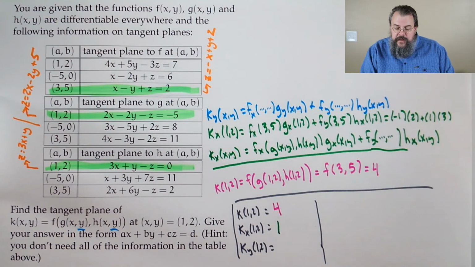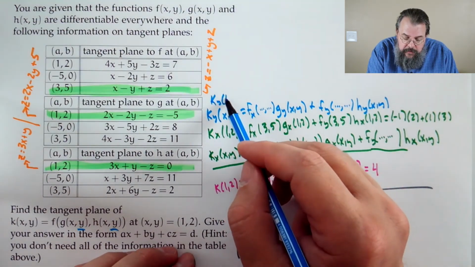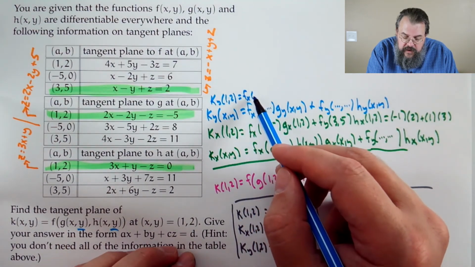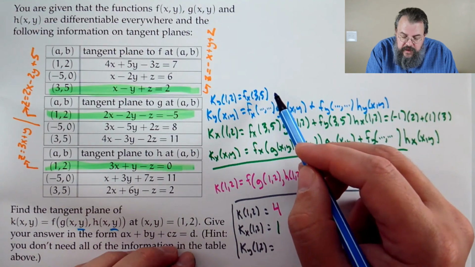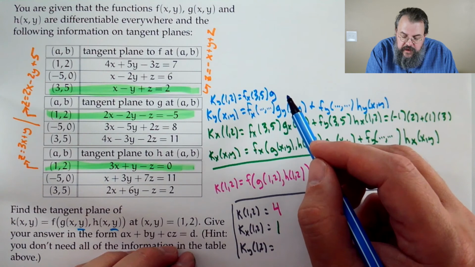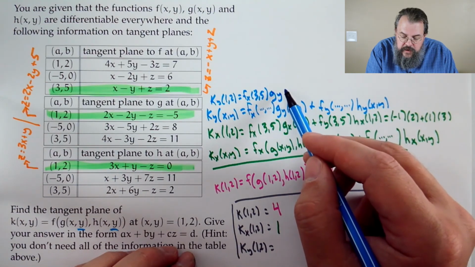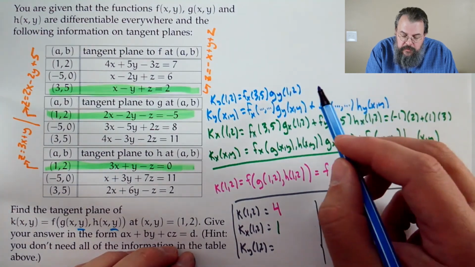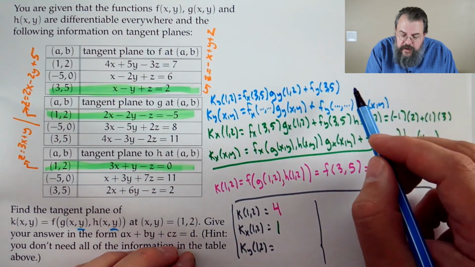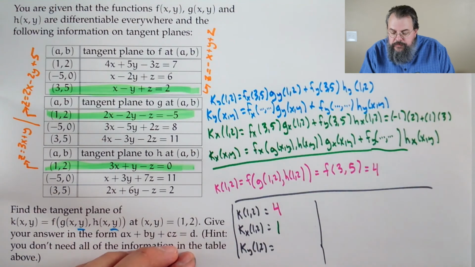Plug in. So, what do we see? We see k sub y at (1, 2) equal to f sub x at (3, 5) times g sub y at (1, 2), plus f sub y at (3, 5) times h sub y at (1, 2).